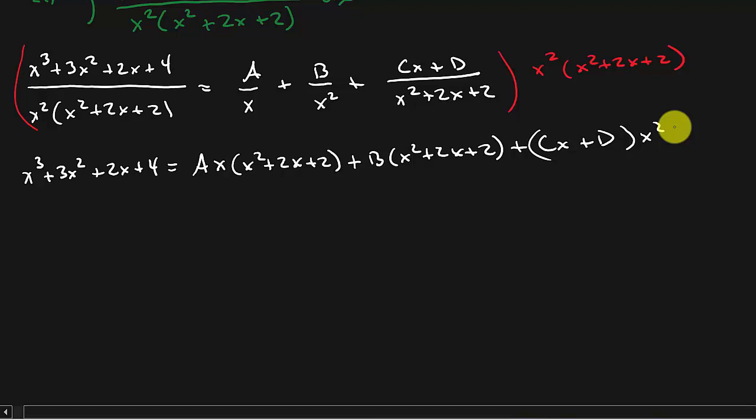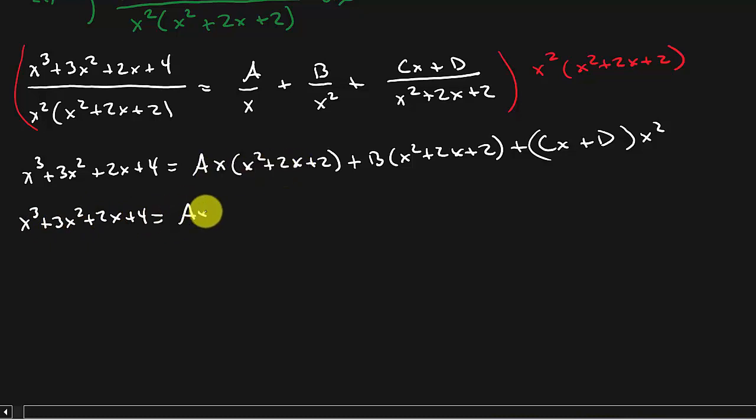All right, so this one's going to be a nasty. It may not be too nasty. We'll see. But we gotta multiply all this out. So we've got x cubed plus 3x squared plus 2x plus 4 equals, so I'm going to distribute the ax.